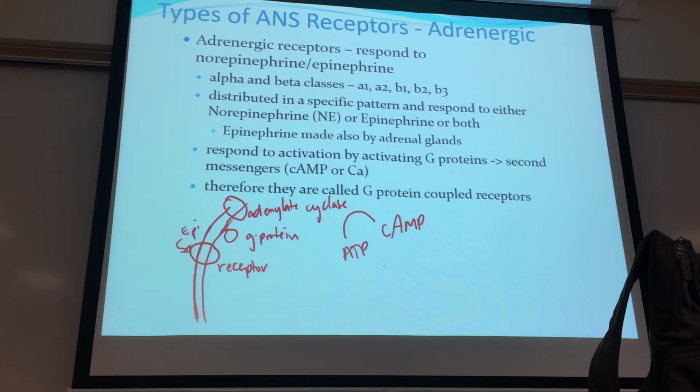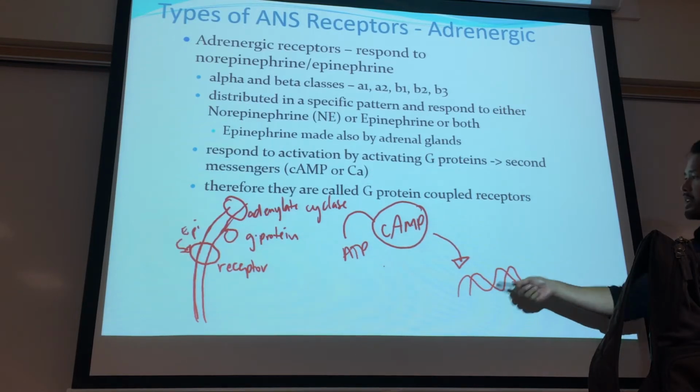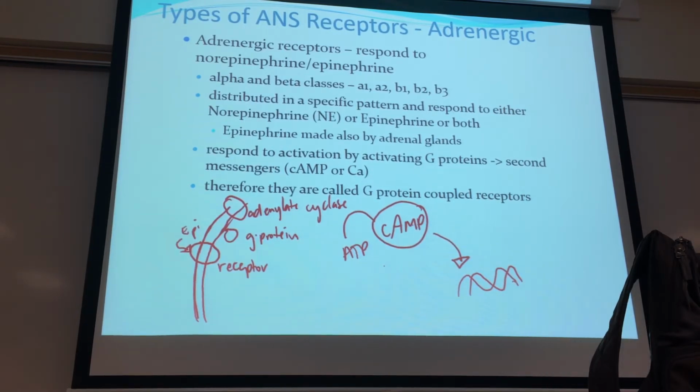And the cyclic AMP is going to be this internal signal that's going to come in and have some direct effect on the cell itself, whether that's increased production of proteins within the DNA, maybe that cyclic AMP will come in and turn on other enzymes, and so forth. So that's what's going to take place. And again, we'll go into more detail about that later.